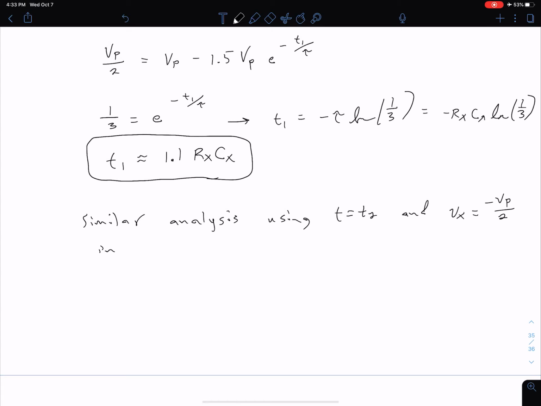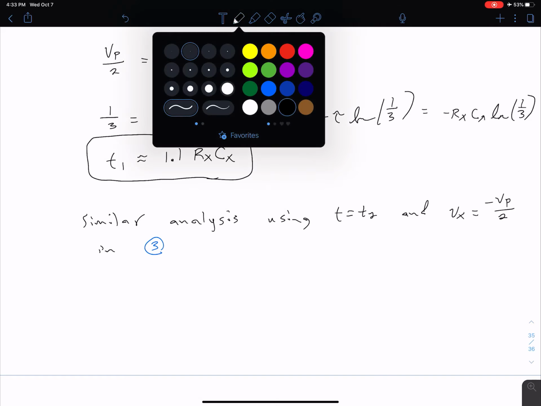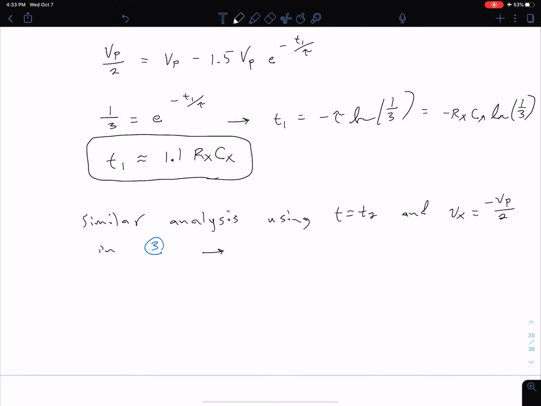If we put that into our equation 3, what we get is an expression for T2 minus T1, and we find that that is approximately 1.1 times Rx Cx.